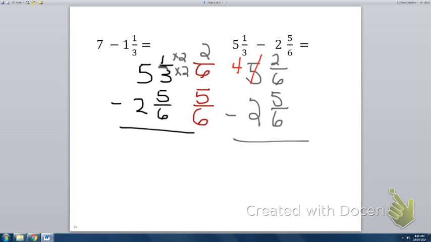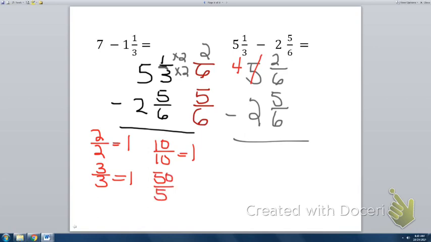Now, I'm going to borrow 1 in fractional terms. So we can write 1 any way we want to. We talked about this in class too. As long as the numerator and the denominator are the same thing, for instance, 2/2, that is equal to 1. 3/3 equals 1. 10/10 equals 1. 50/50 equals 1. It doesn't matter as long as it's the numerator over the denominator.